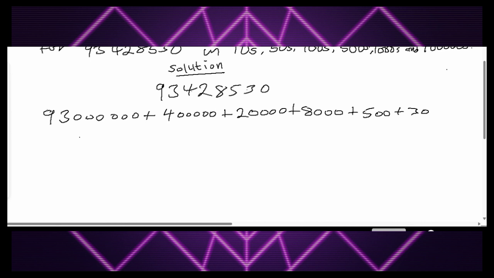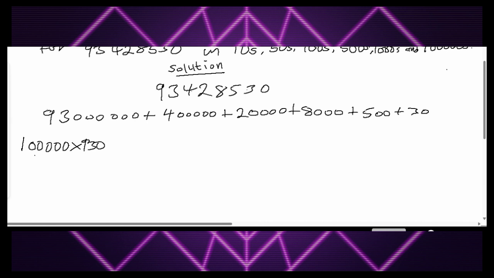Next, I'm going to write this in the highest multiple that we have in the question, which is 100,000. So I have 100,000: 1, 2, 3, 4, 5. I want a number that I will multiply by 100,000 to get 93 million. Actually it is just going to be 930.